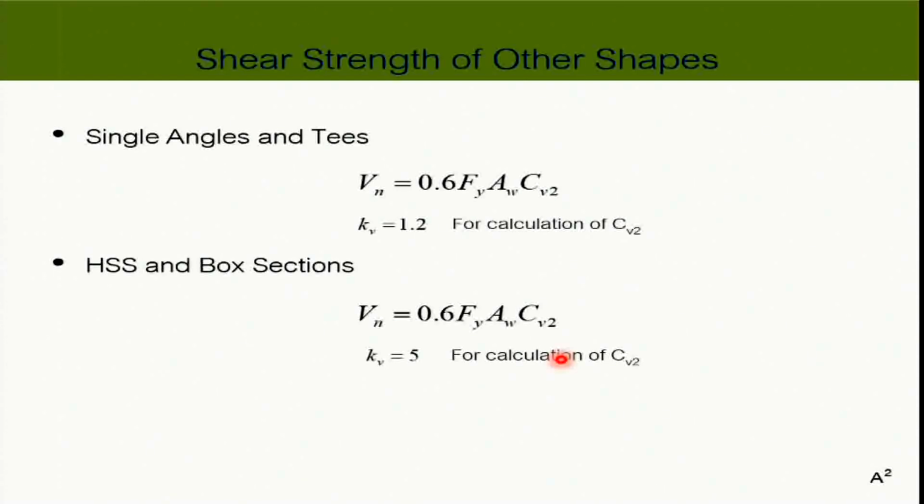So the basic calculation should be the same because kV is also 5, but for the angles and the T's, kV is 1.2, so the limit is pretty low. But then again, we don't use angles and T's for moment, right? Seems rather weird. But if you come across that, that's a problem.